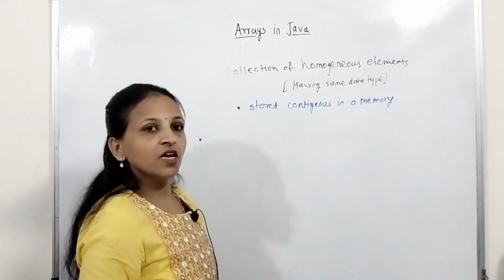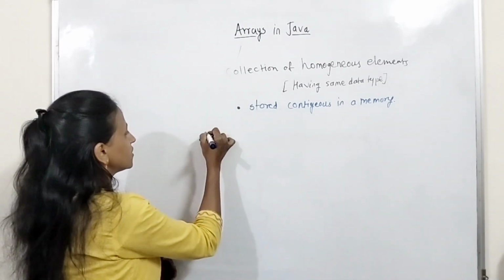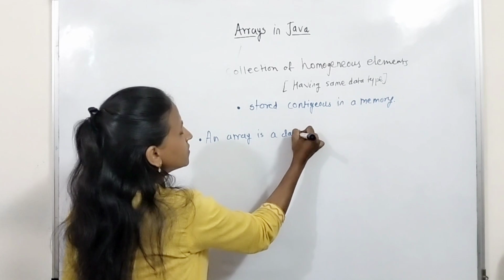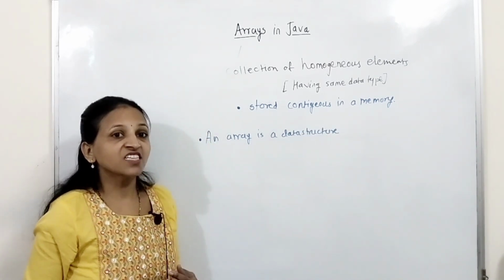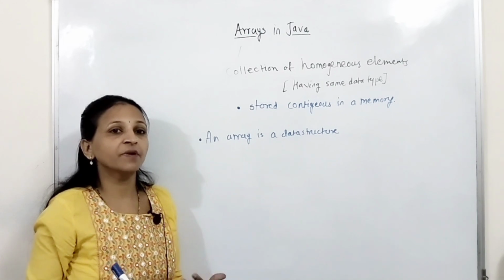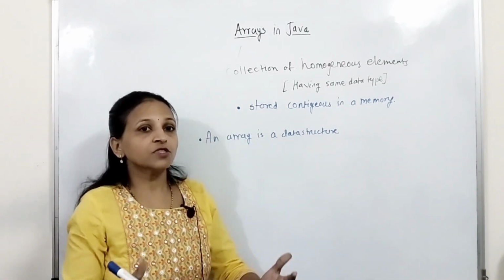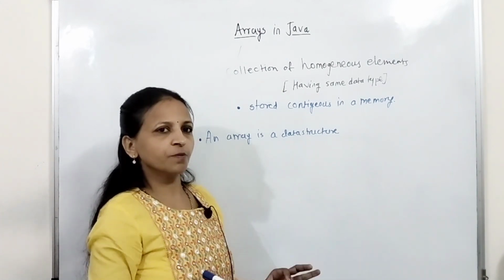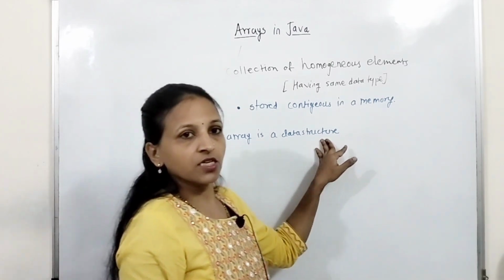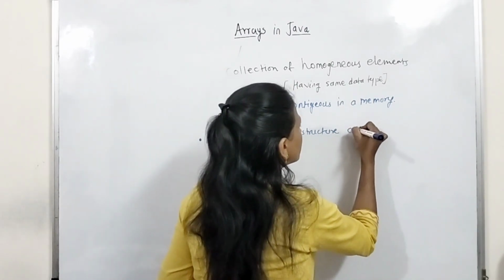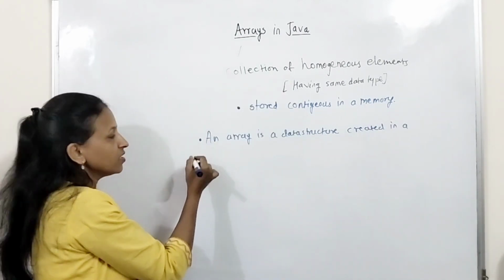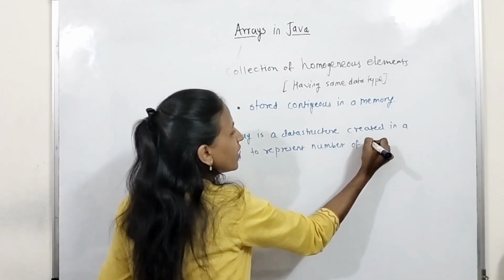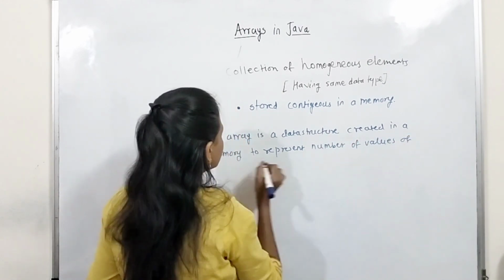Again one more definition. What is an array? An array is a data structure. Okay, what is this data structure? Structure or data structure means how the elements are stored, and then what the possible operations on that are. That all part comes under the data structure concept. But here just keep in mind the definition. An array is a data structure created in memory to represent a number of values of the same data type.